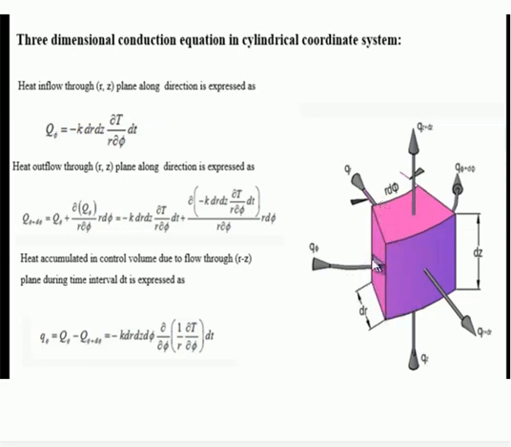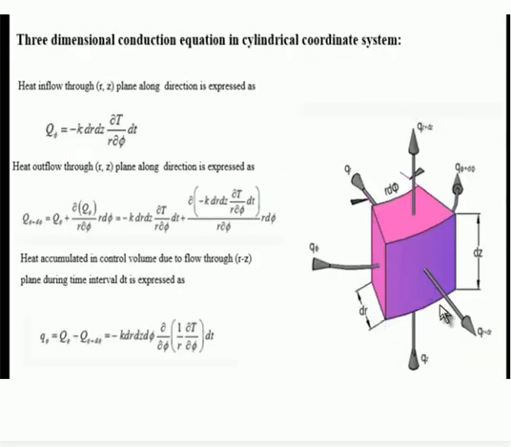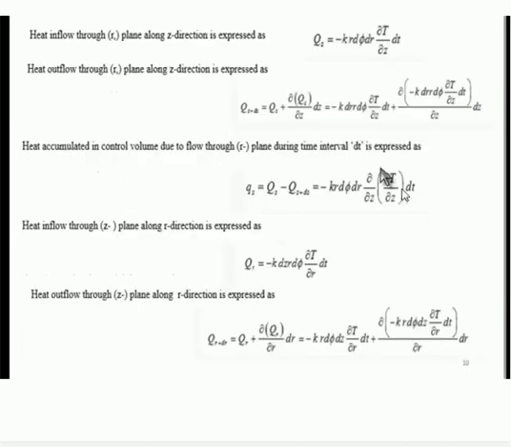Here r d phi into dr is the area, the bottom or top face area. This length is dr and the other is r d phi, so it gives the area r d phi dr. Minus k is as it is, dou t by dou z into dt.